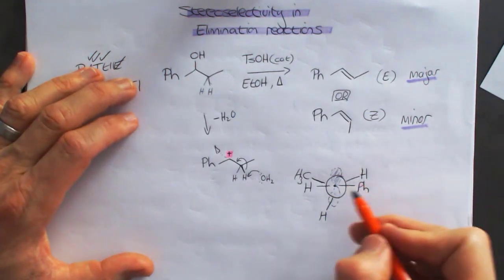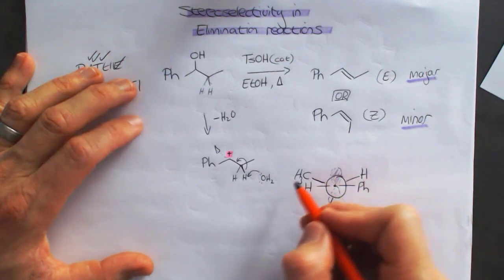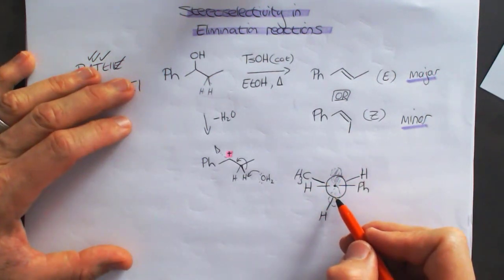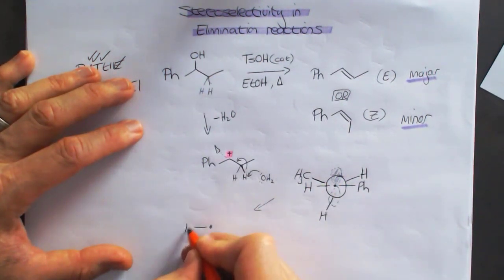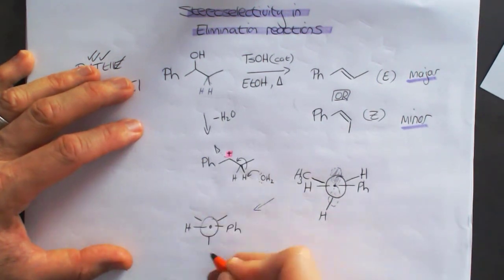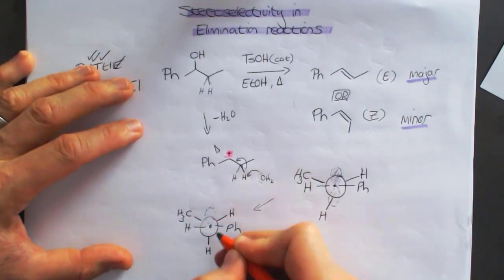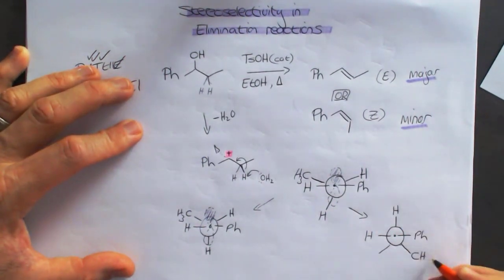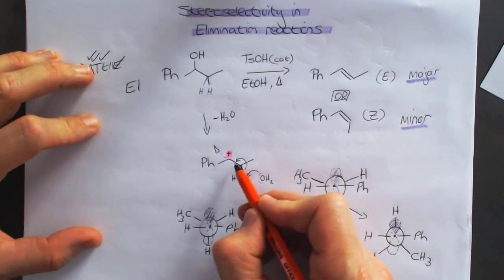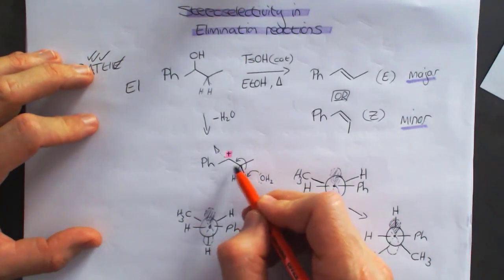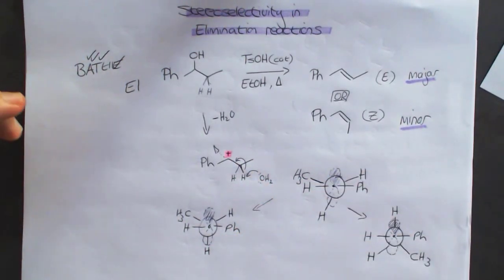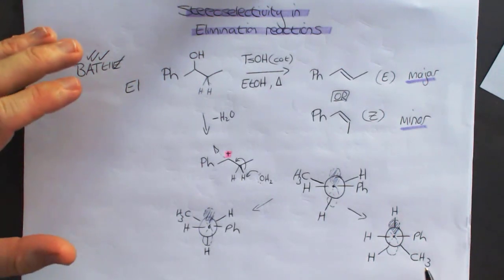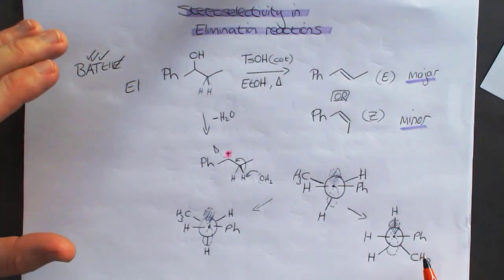And for that to happen, we're going to have two extreme transition states that could happen. The one is very close to this one over here, so I'll draw it out. We have to do that again. And the other one looks like this. Because this bond can rotate around, there are two extremes in terms of the positions for that elimination to occur.